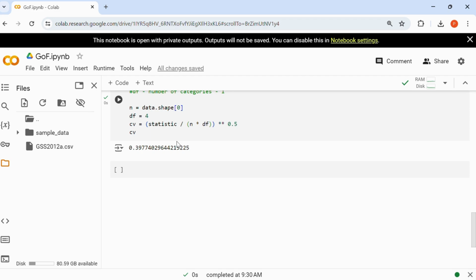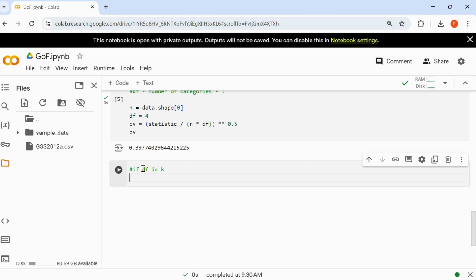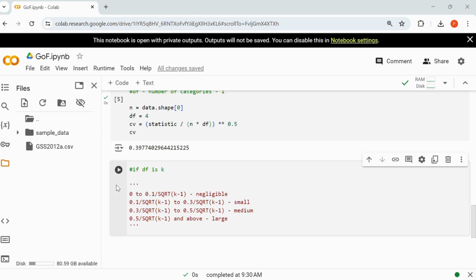Usually the rule is, if the degree of freedom is k, then the chart for interpretation says that from 0 to 0.1 divided by square root of k minus 1 is a negligible effect size.